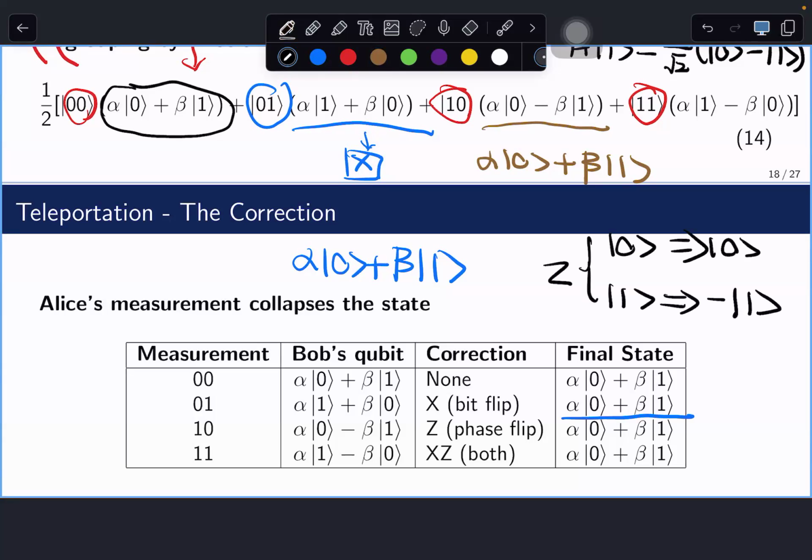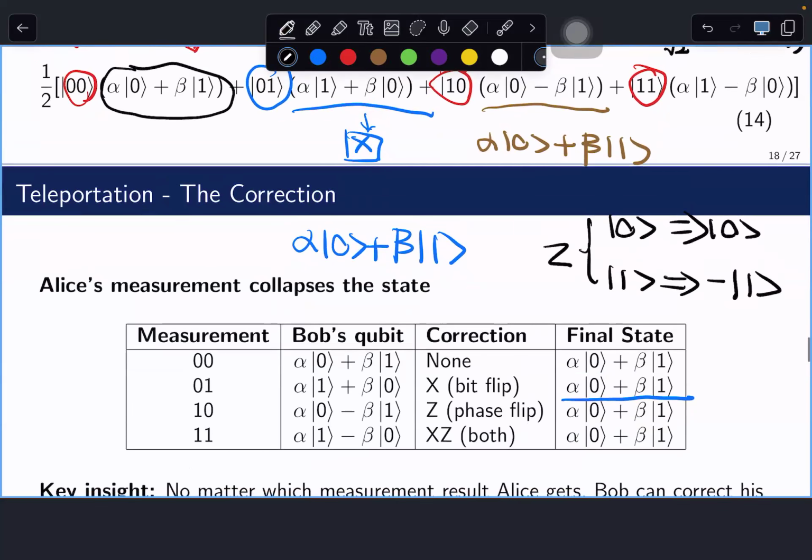So if we measure the first qubit and it is 1, we apply a Z gate. After applying a Z gate, alpha |0> is still the same, because in this case for the third qubit, we can just think of it as 0, and the Z gate applied on 0 is still 0.